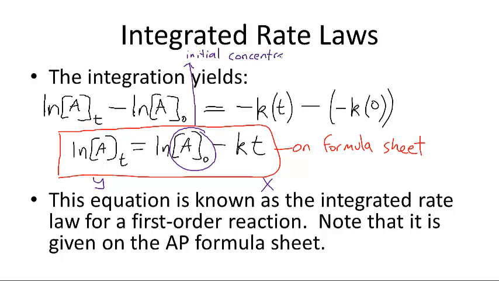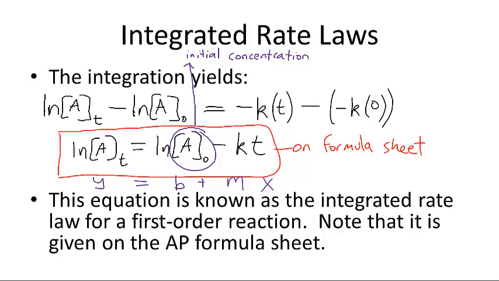So the initial concentration there is just going to be a fixed number. So now I have y equals some fixed number, because the natural log of a number is just another number. Y equals b. And then k is just a constant. So plus mx. Does that equation look familiar?